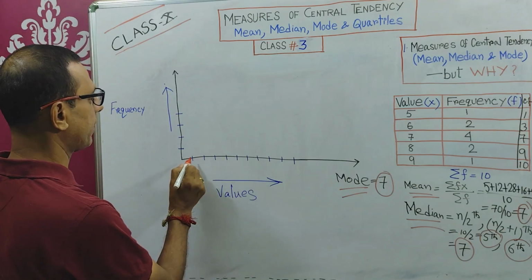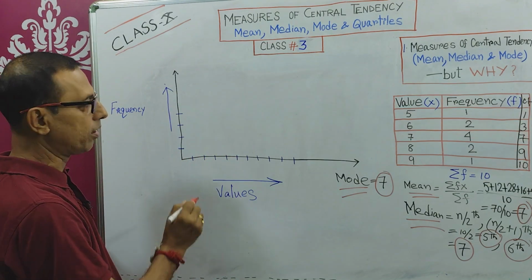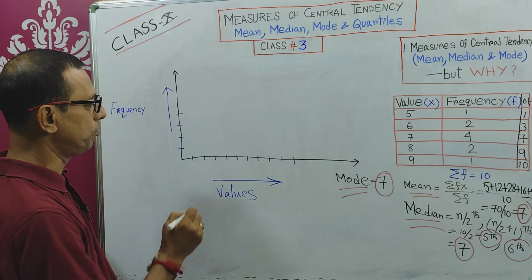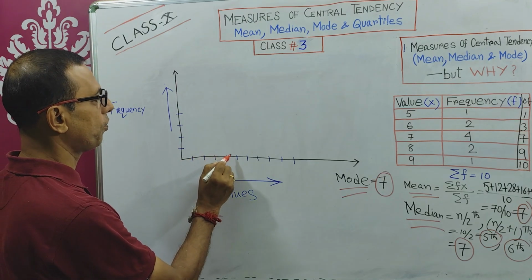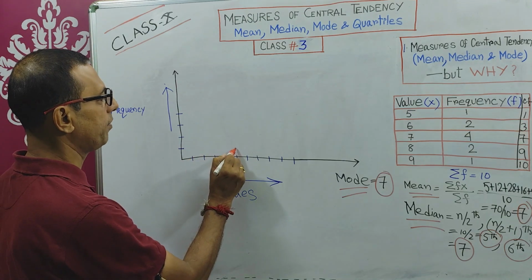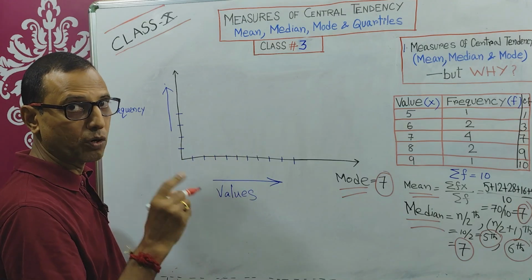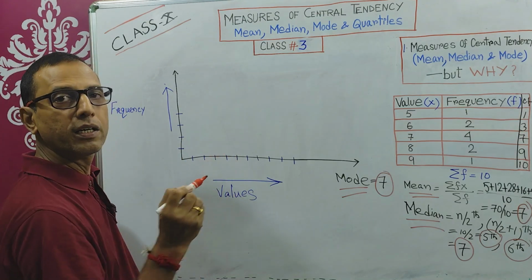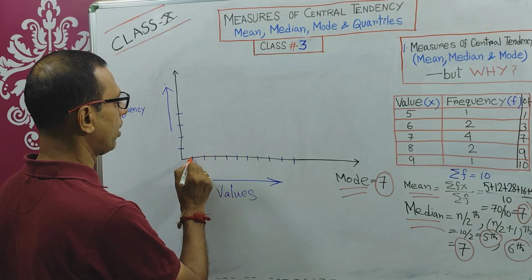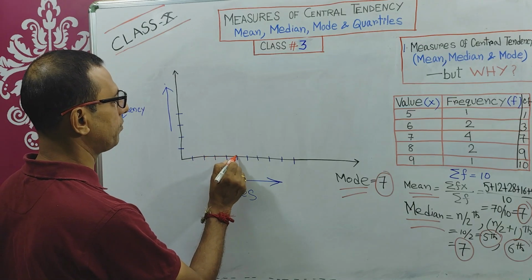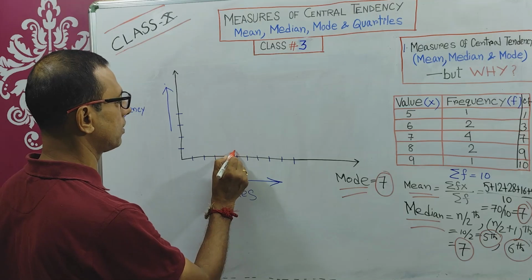If I consider each unit as 1, both for frequency and values, so 1, 2, 3, 4, 5. By this time I assume you know coordinate geometry, how to plot data in a graph. So this is value 5, and the frequency is 1.